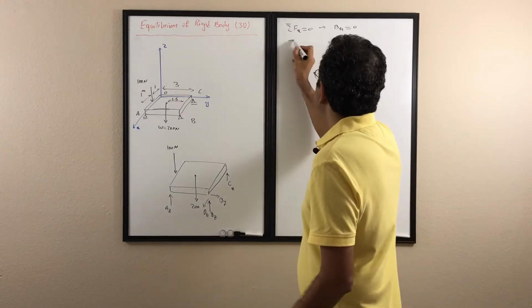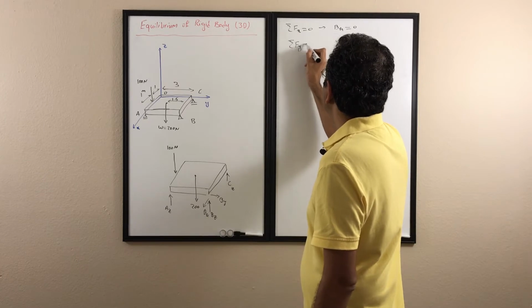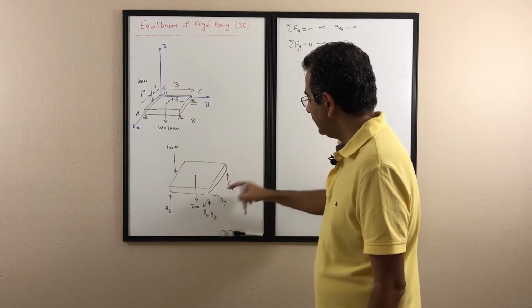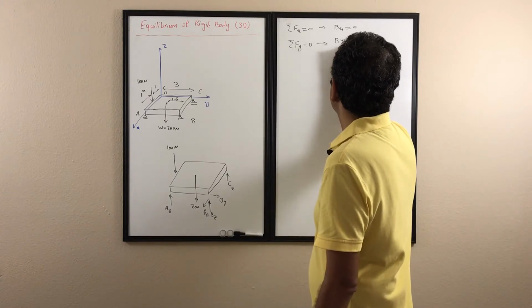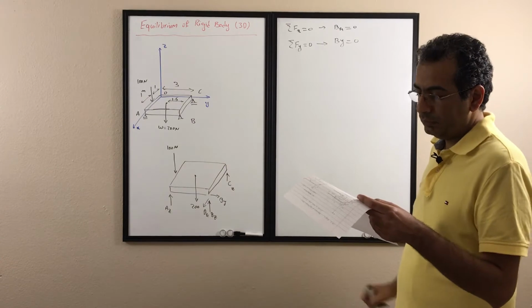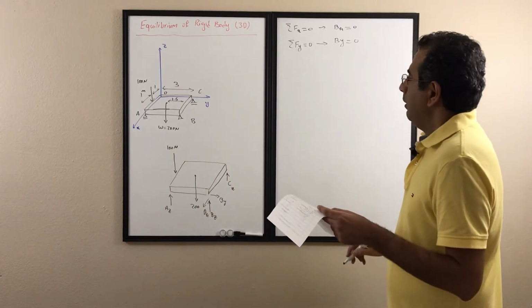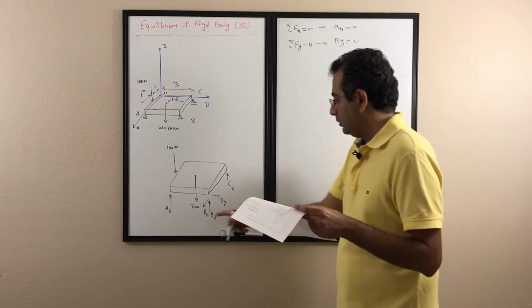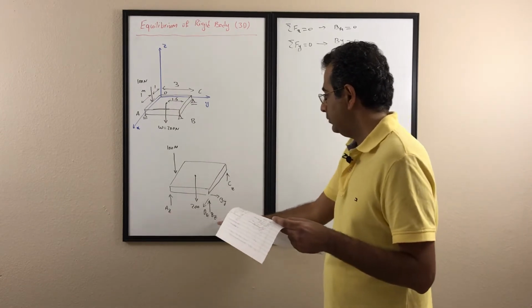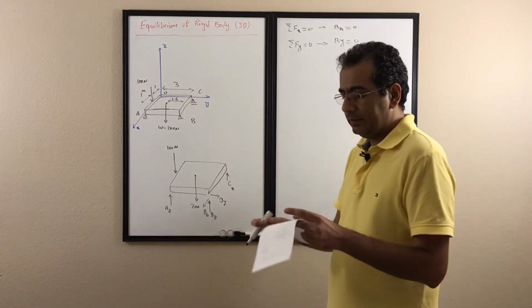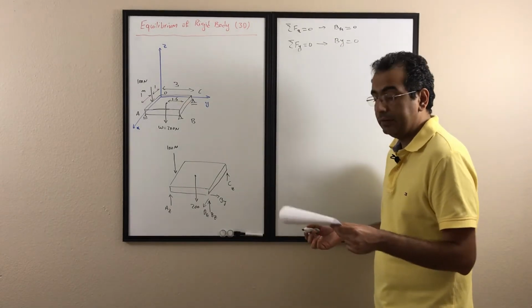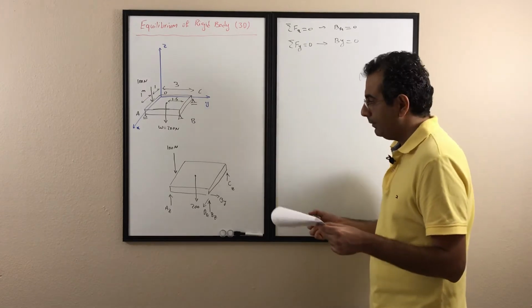If I write sigma Fy is 0, then the only force I have in the y direction is also BY. There are no other forces there, so BY becomes 0. Now I want to find the other 3 unknowns: AZ, BZ, and CZ. I need to find these 3, and it's easier to use the moment equation.